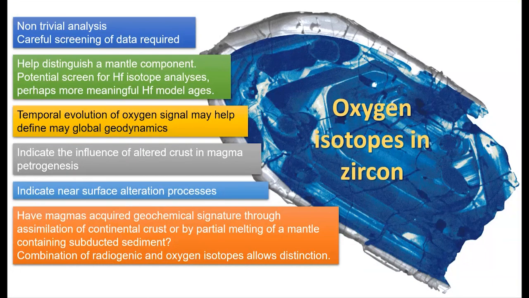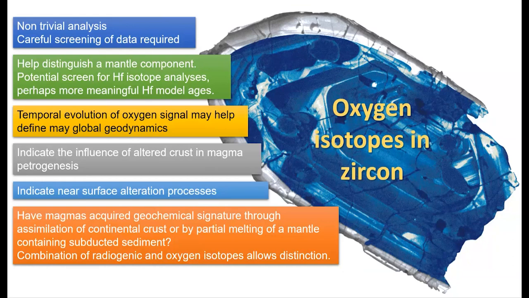isotope value. We saw how we could use oxygen isotopes to distinguish a mixing array from a true mantle component within hafnium isotope analyses, perhaps in allowing us to say something more meaningful from hafnium model ages. We saw how we could use the temporal evolution of oxygen isotopes to say something about global geodynamics, perhaps.